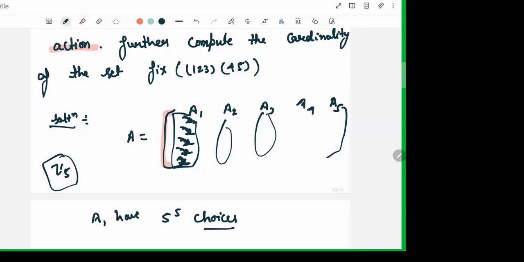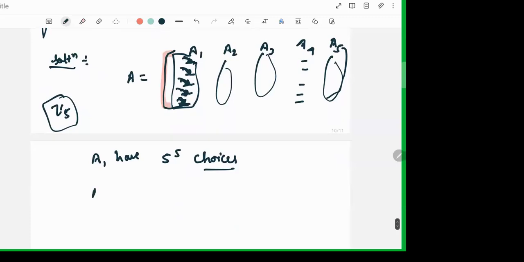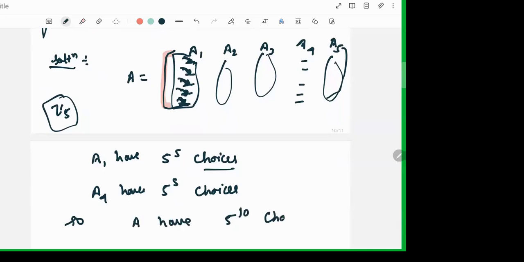And similarly for A4 and A5, since this matrix is fixed by the permutation of 4, 5. A4 should be the same as A sigma 4, but sigma 4 is 5. So A4 should be the same as A5. Now, how many choices for A4? Similarly, it also has 5 to the power 5 choices, so the matrix altogether has 5 to the power 10 choices.